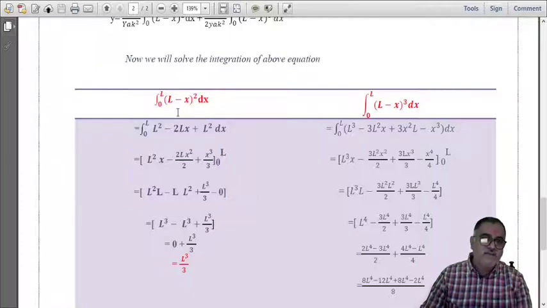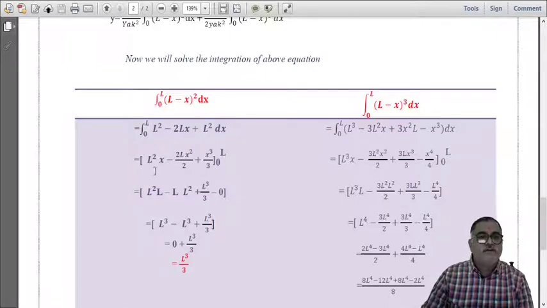In that case, (L minus x) square is in the form of a square minus 2ab plus b square.